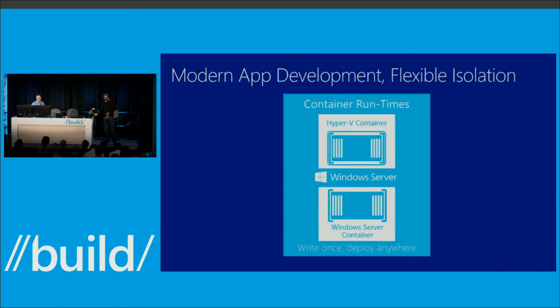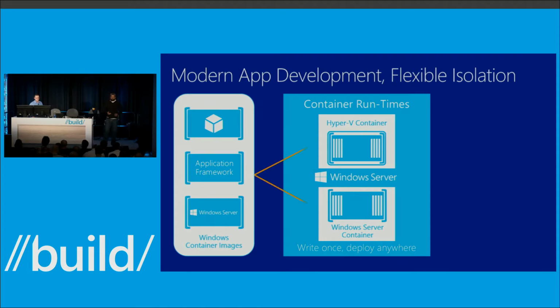So this is where we start talking about the level of options that you get with whatever we are building. So we have the different container runtimes. It uses exactly the same image, and you could have created that image using Hyper-V containers to build, or you could have created it using Windows Server containers to build.